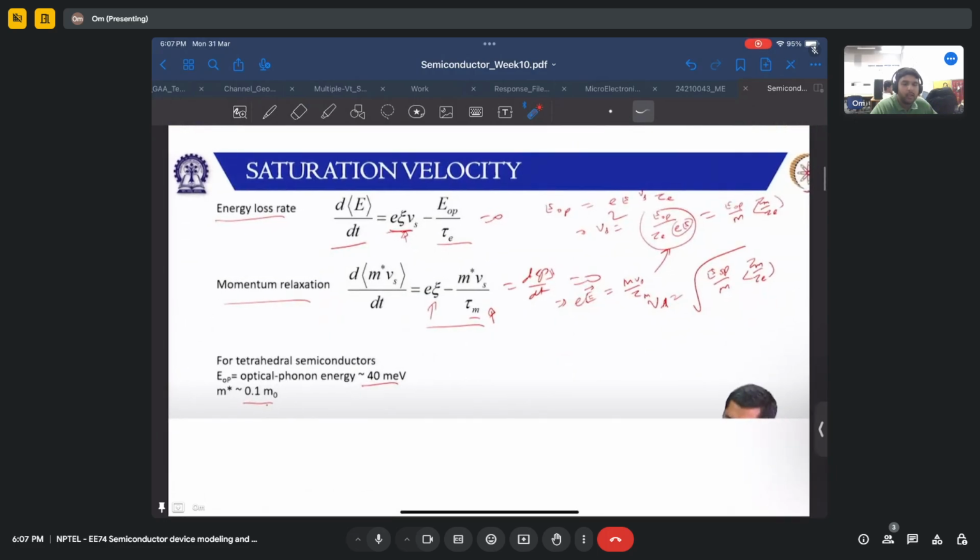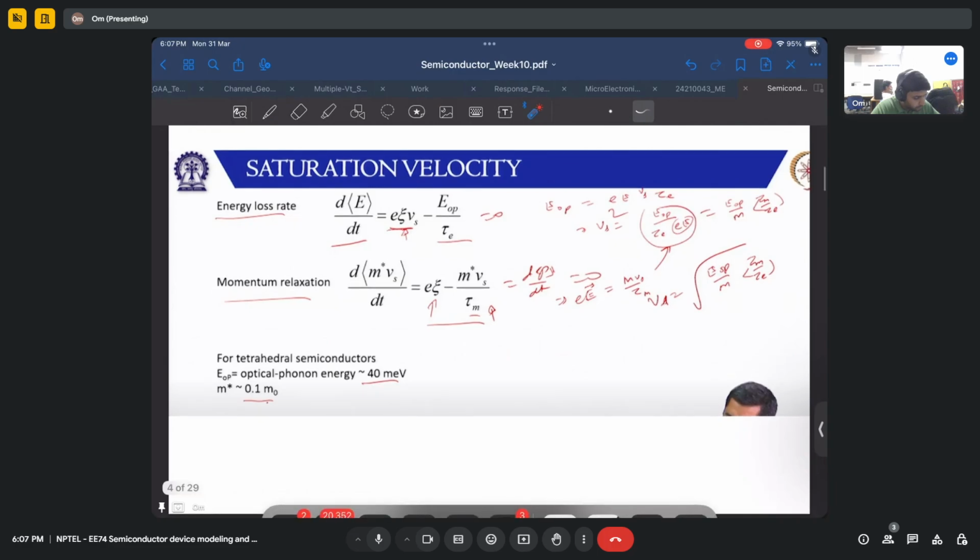A few more important things before we start are the energy conservation and momentum conservation. These are the energy balance and the momentum balance equations.